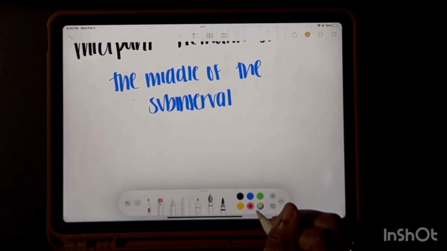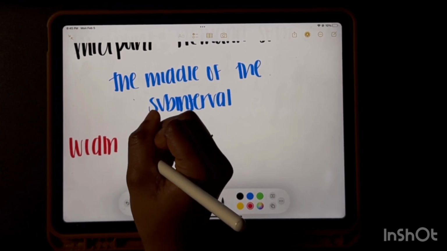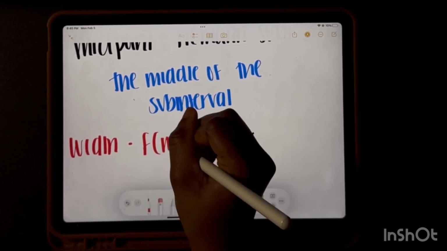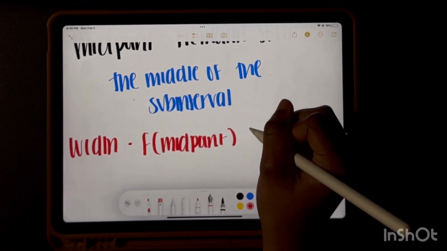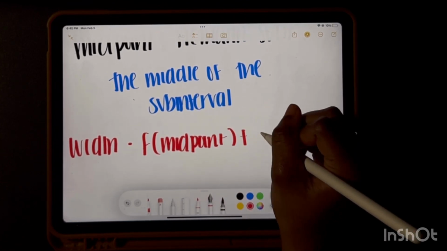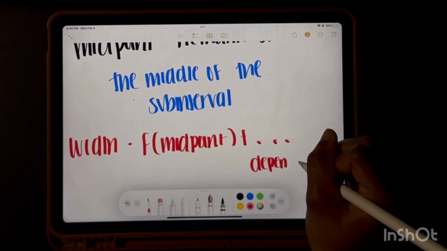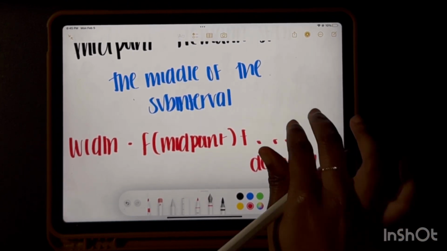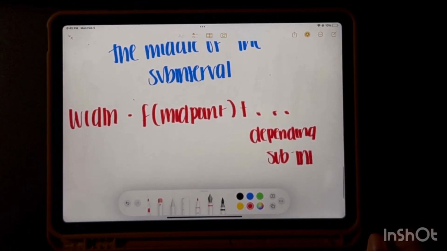So this formula would look like your width times your f of the midpoint, and you would do that depending on how many subintervals are required.